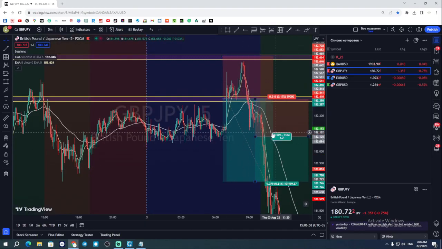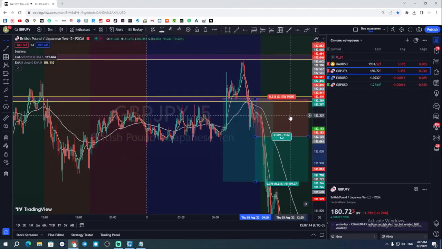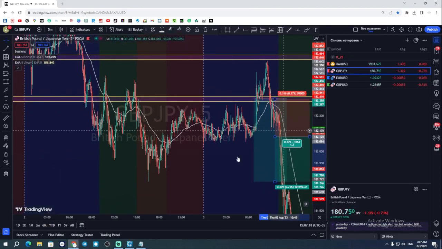Why should I miss this move and not enter a trade? Because once I enter this trade, I move the stop loss to break even, and this is a free trade. If it comes back to retest this zone, I'm just going to lose one position, I mean whatever amount I risk.